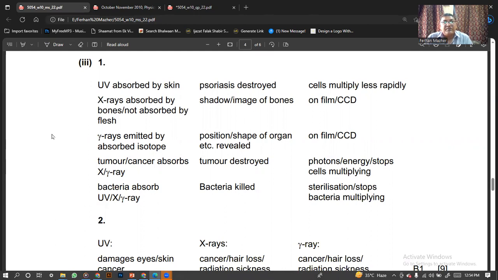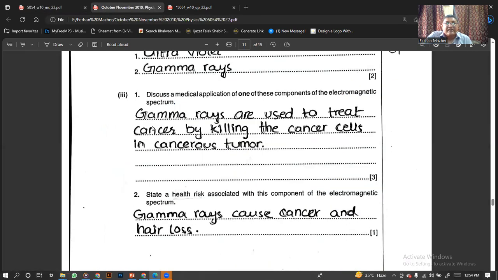Gamma rays emitted by an absorbed isotope, position, shape of organs, etc. revealed, and the tumor absorbs it. Both the rays are used for this purpose. Tumor destroyed, photon energy stops cells multiplying. Bacteria absorb UV, X-rays, gamma rays, bacteria killed. Sterilization stops bacteria multiplying. So I think you can write a better answer.